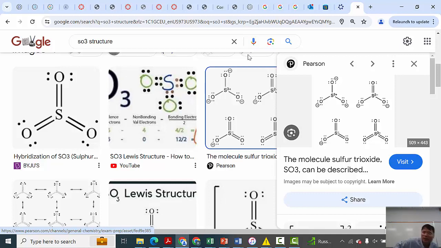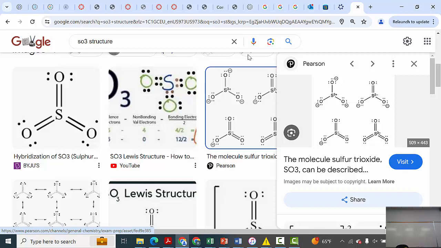If I'm grading this, the first thing I look for is octet. Does the first structure here even have an octet? No. If somebody wrote this structure, that's a lot of minus, a lot of red ink.